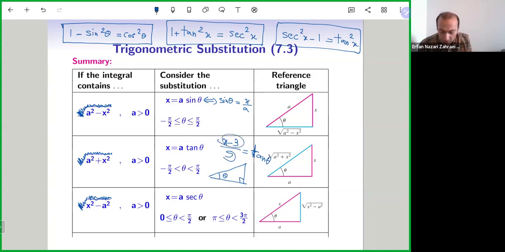So if this is opposite, this should be adjacent. So if opposite is x minus 3, adjacent is 5, and the hypotenuse you can find by 5 squared, 25, plus x minus 3 squared. That's how you should get it. By the way, this is hypotenuse squared, so the hypotenuse is the square root of this. It's not coming from the previous one exactly. It's not x here. So it's better to understand what's going on. Anyway, you can create this triangle the same way.